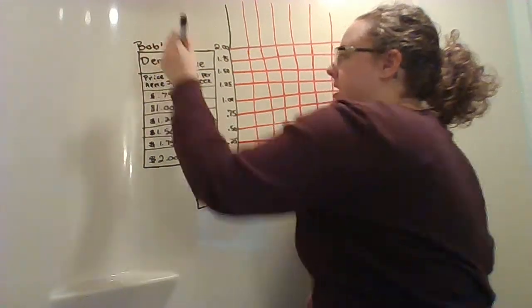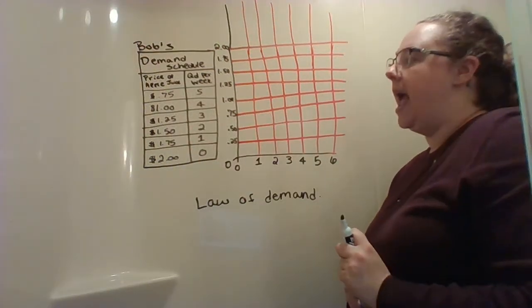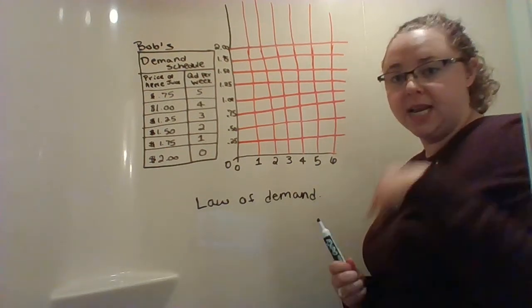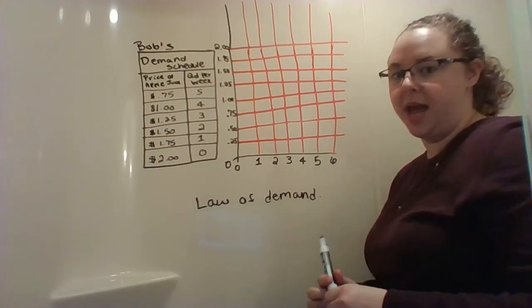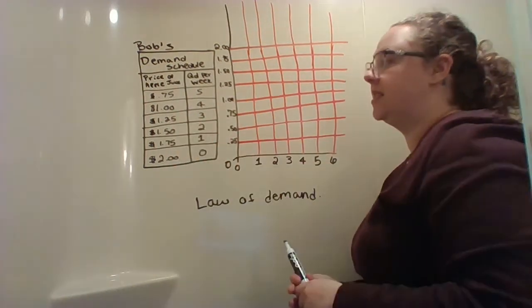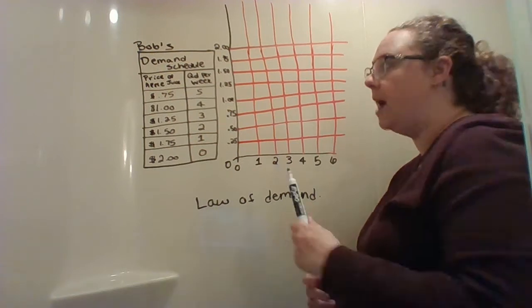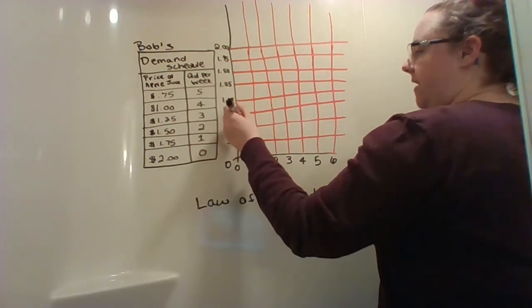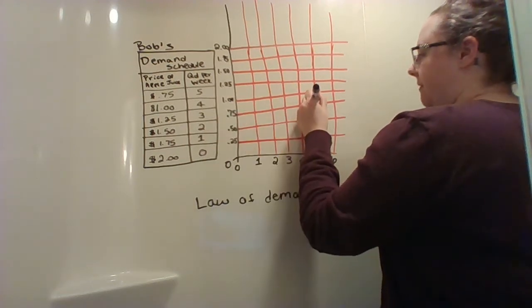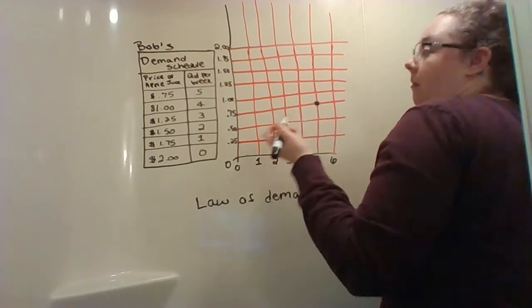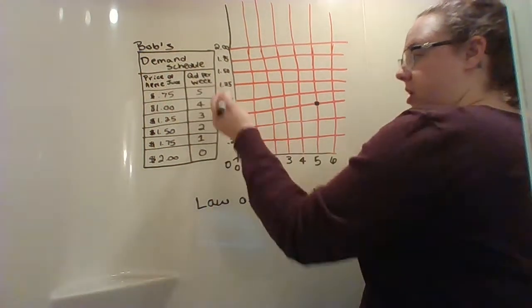He demands how much apple juice he wants, at which price, and how many he'll buy at that price. At 75 cents per bottle of apple juice, Bob is willing to buy 5 a week. So 75 to 5 right here is where we're going to go for this first column.